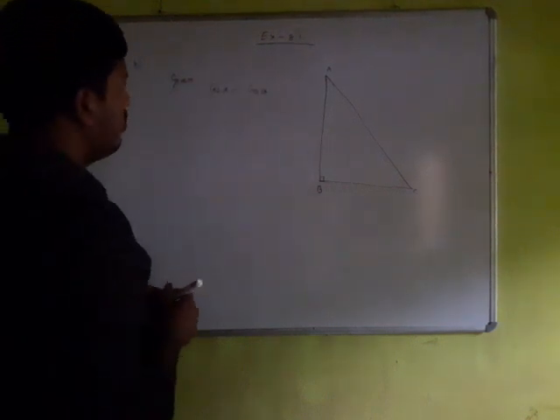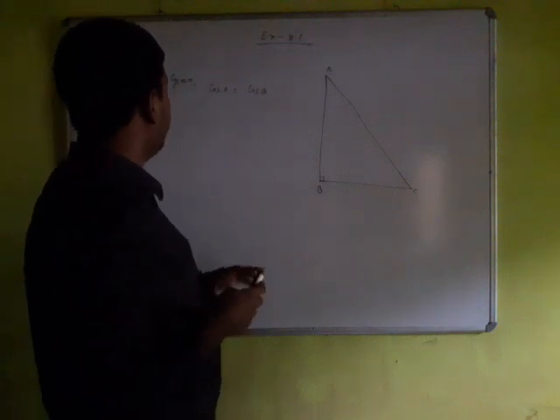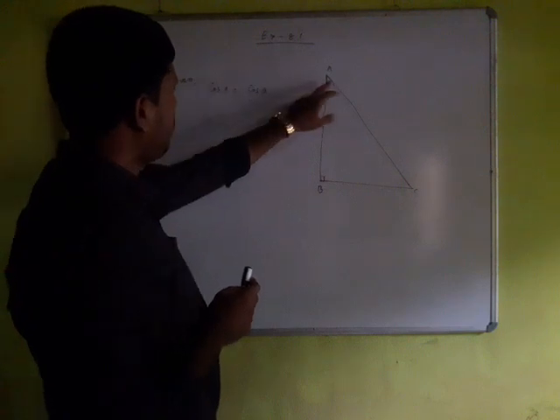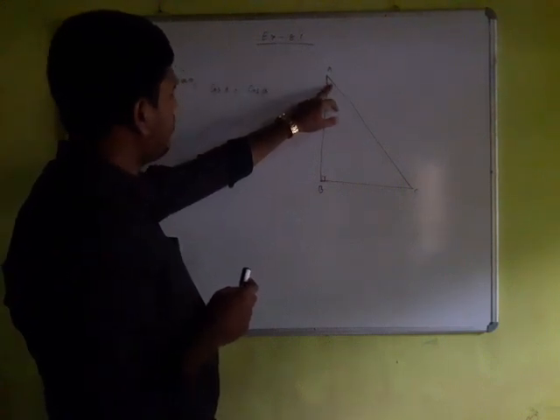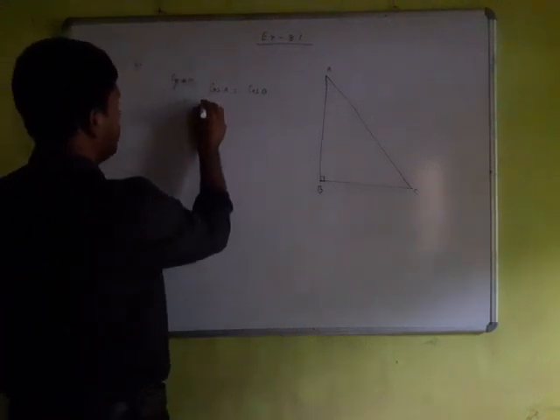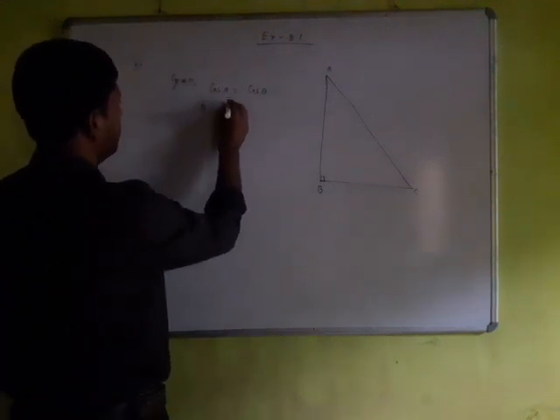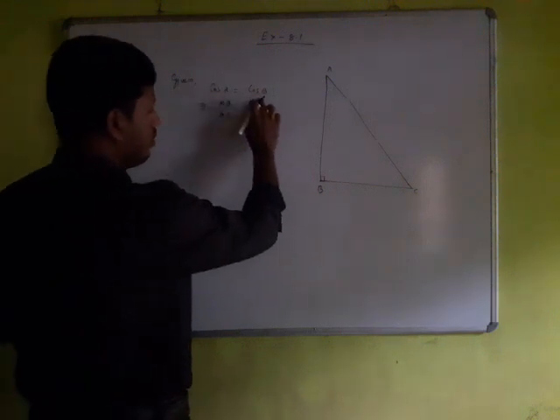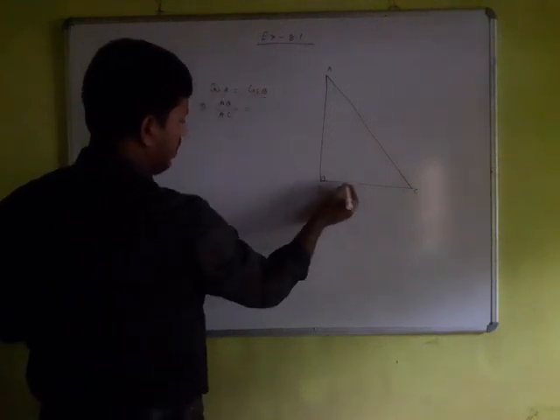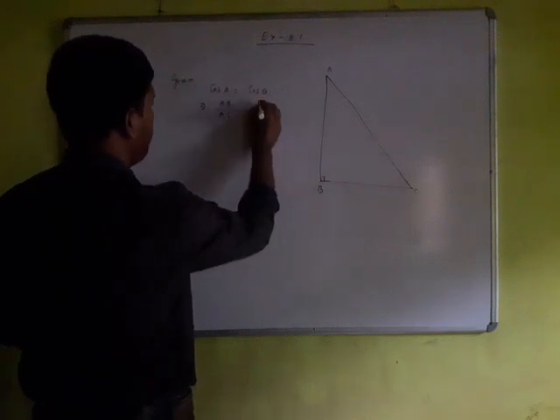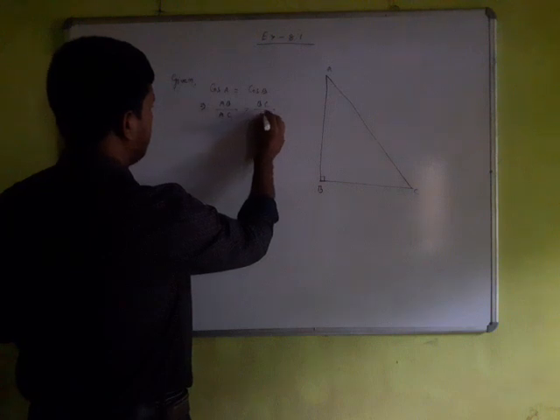If cos A equal to cos B, then considering the trigonometric ratios with respect to A, cos A equal to base by hypotenuse, that is AB by AC. So cos A is AB by AC. Similarly, cos B with respect to B, base is BC and hypotenuse is AC, BC by AC.